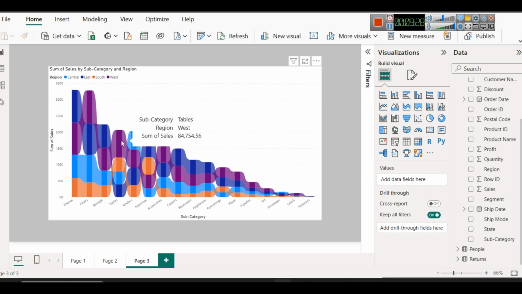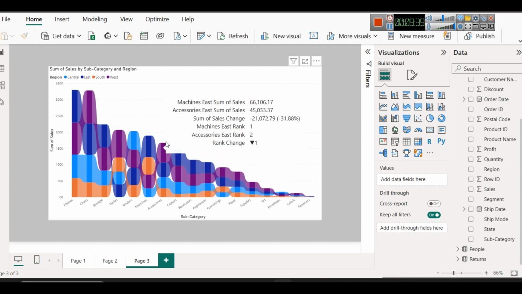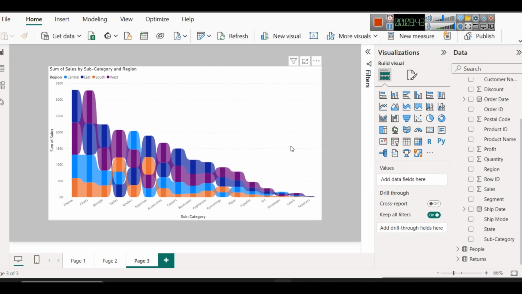Then tables, it is first. Then binders, it is second. For machines, say this west region is third, first, second, second, second, first, first, first, first, and so on. So we can see in most of them it is either first or second. Okay.